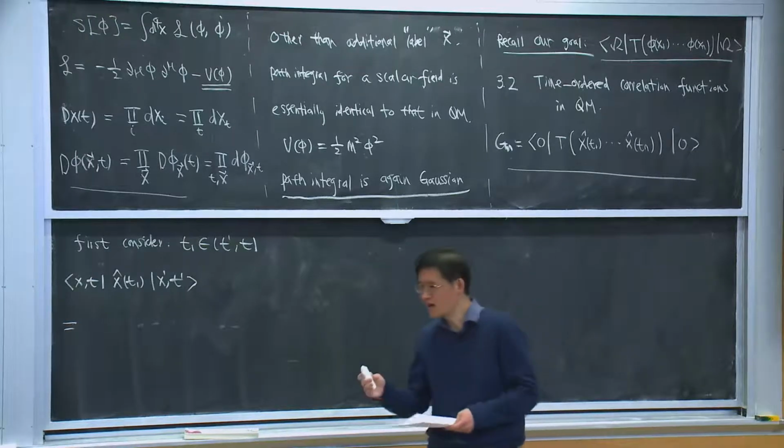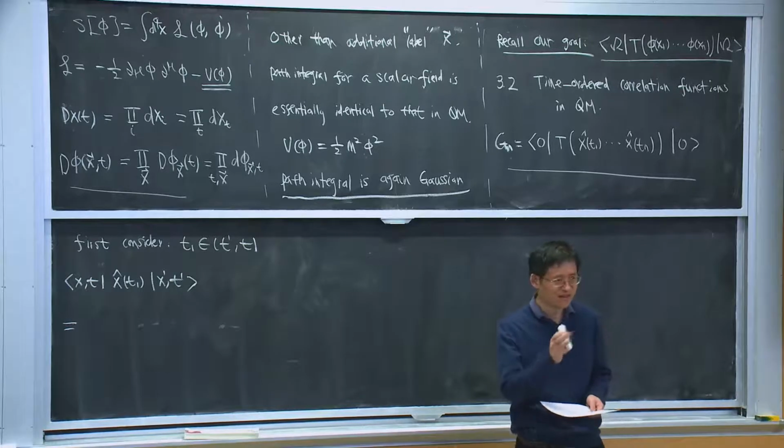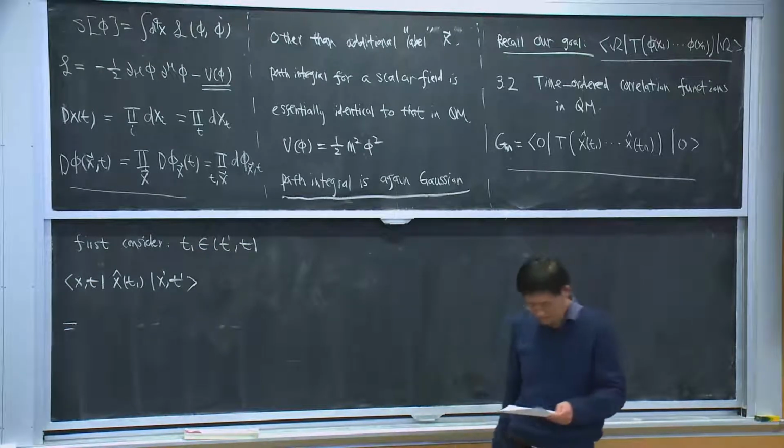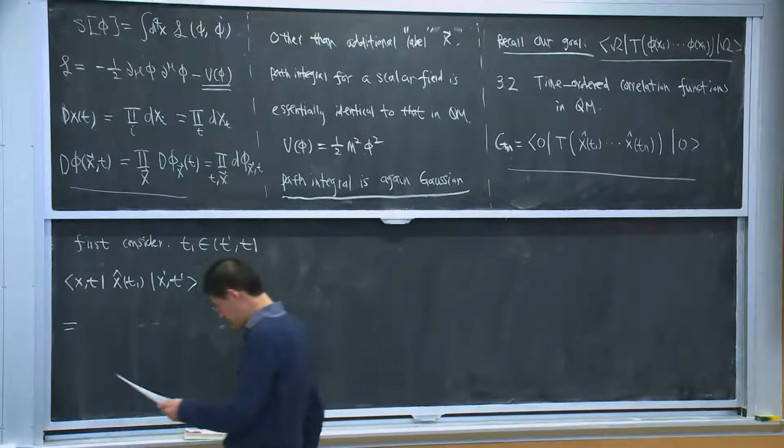If you know how to insert identities at the right location at the right time, then essentially you know all the tricks in quantum mechanics.